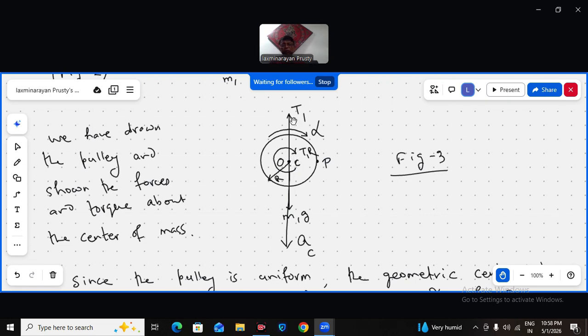That is, only one force T1 shifted to the center of mass, and T1R clockwise about the center of mass. This is a theorem. Any number of forces acting on a rigid body can be replaced by a single net force at the center of mass and a single net torque about the center of mass. That net torque will be the sum of individual torques of all the forces about the center of mass. This is what I am using.